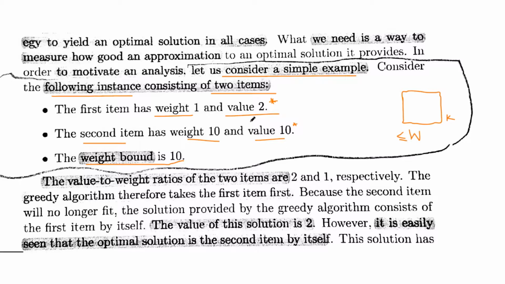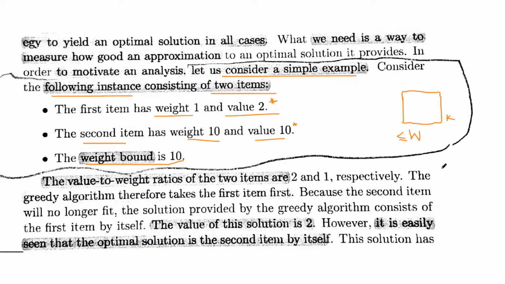So in this case, item 1 has a value of 2, and item 2 has a value of 10. Definitely item 2 has higher value than item 1.